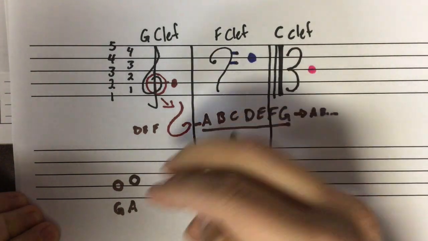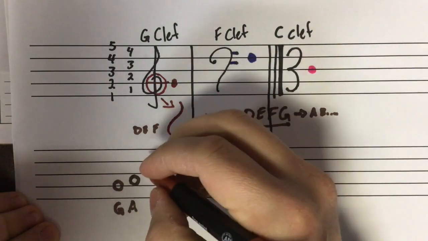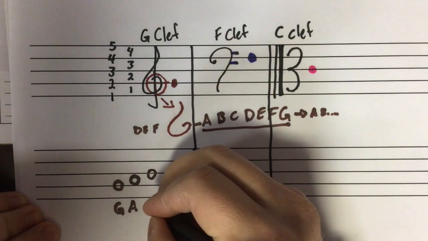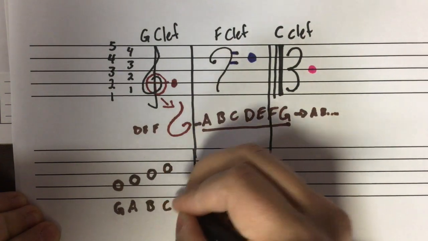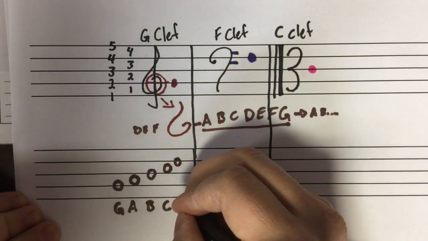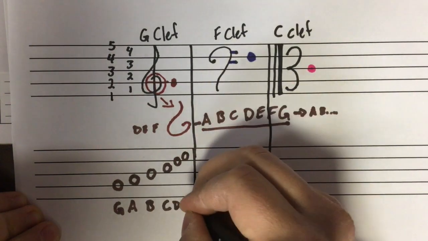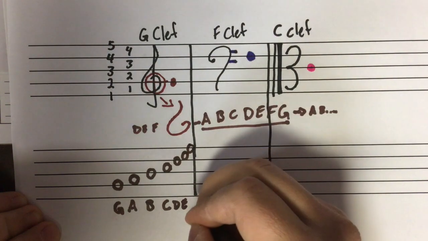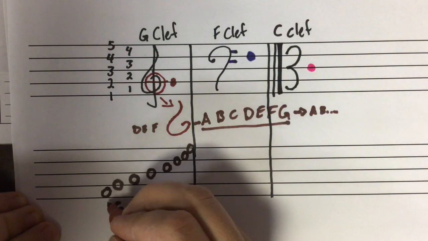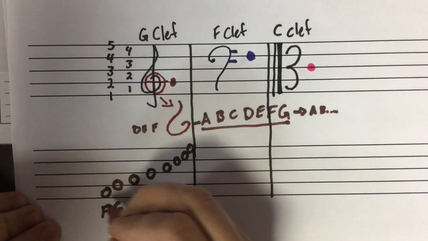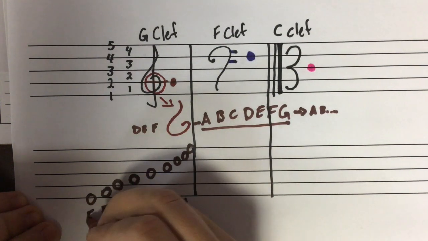Now we alternate line, space, to go up the ladder or the steps. Third line is now B. Third space, C. Fourth line, D, fourth space, E, and the top space is F. If you go backwards, before G is F, and then at the first space, E.